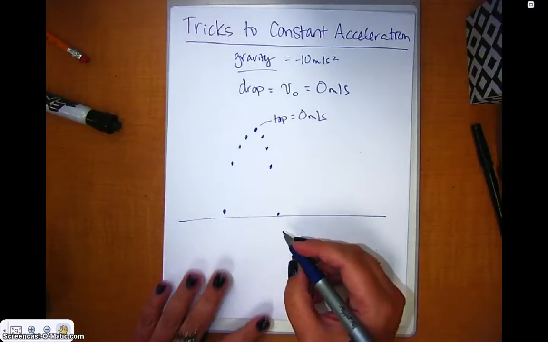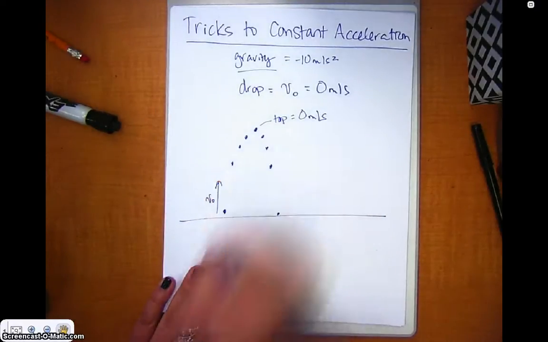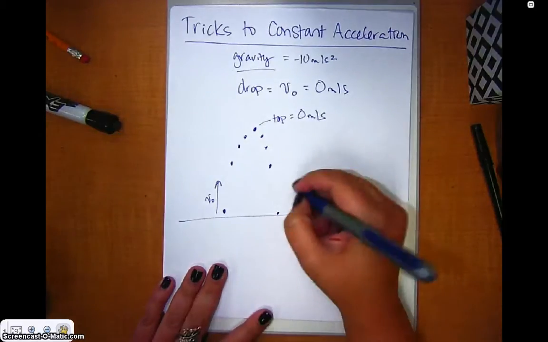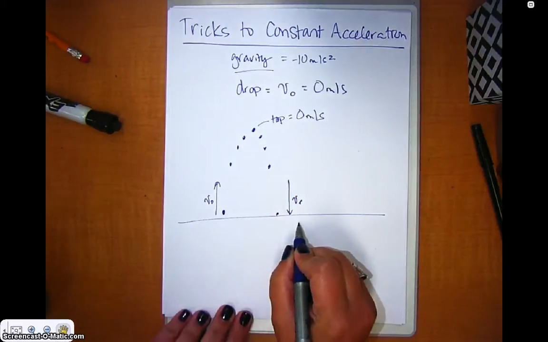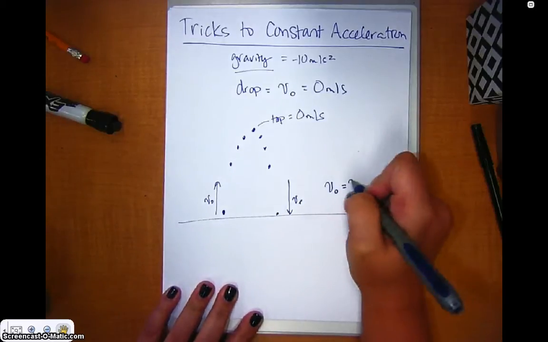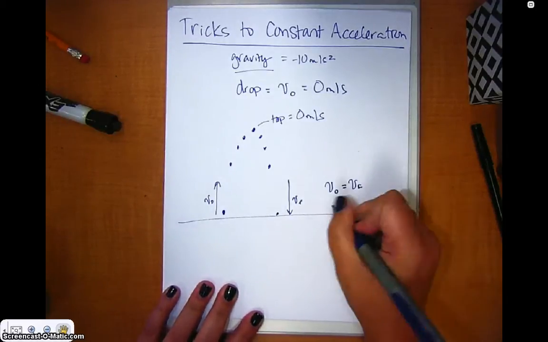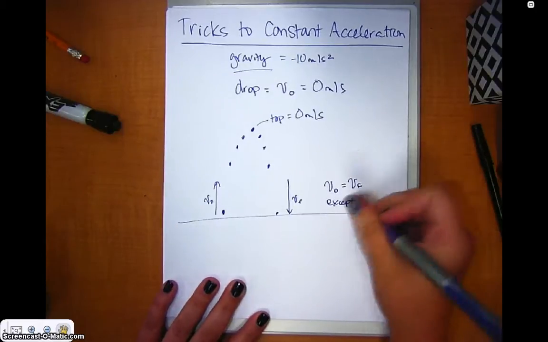Now, another thing to note about velocity is that the velocity up, we'll call this initial up, and the velocity down are equal in magnitude but opposite in direction. So velocity initial is equal to velocity final, except one is positive and one is negative.